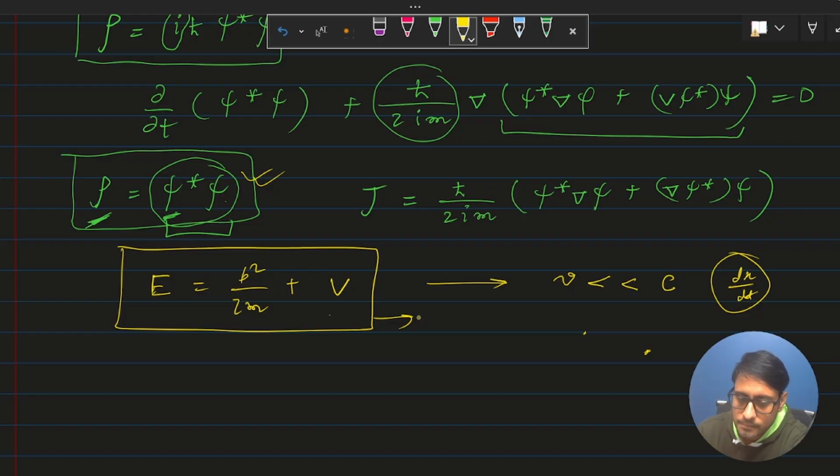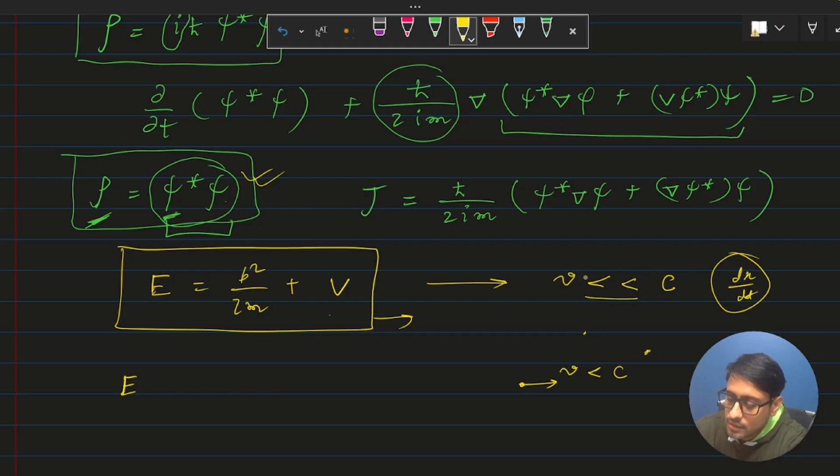Okay, so you know that if you have gone through the theory of relativity, the energy of a relativistic particle, a particle which is moving in the positive x direction with some velocity which is not equal to the velocity of light, but it is not much less, only less than the velocity of light.